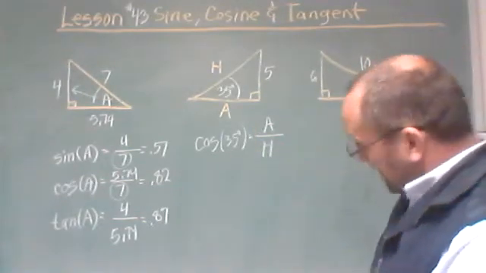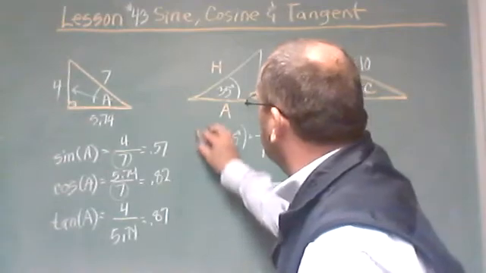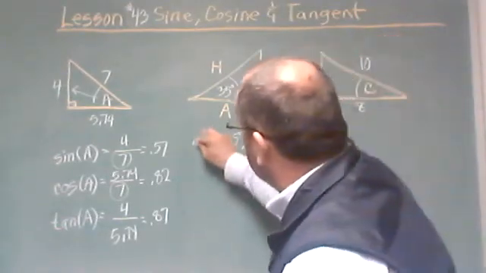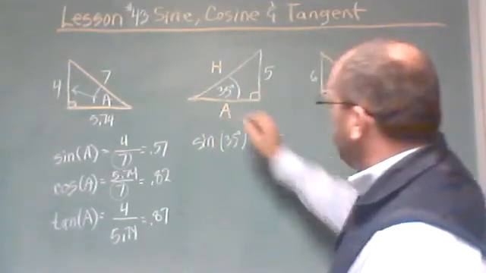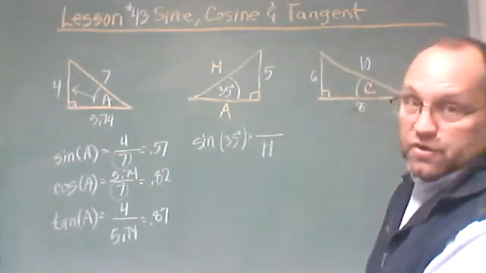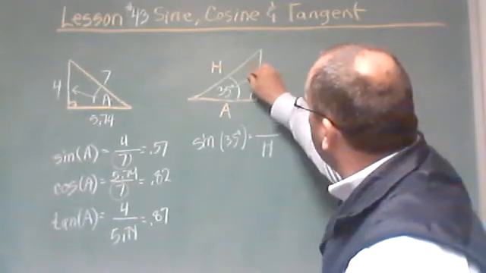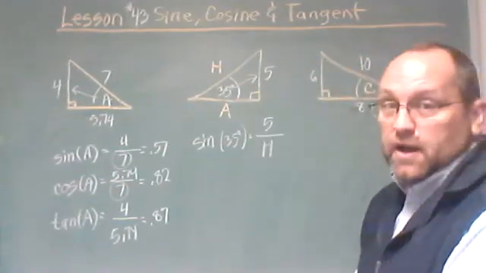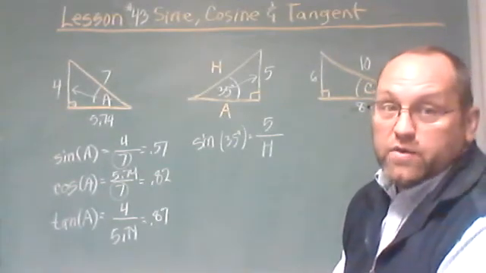Let's use the sine then. The sine of that angle, 35 degrees, equals the ratio of the opposite side length, 5, over the hypotenuse, H. Much better. I only have one unknown now.